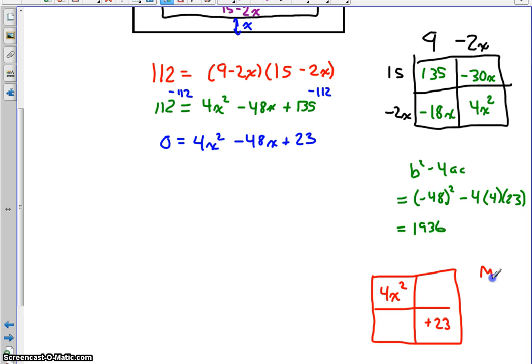So I need two numbers that multiply to 23 times 4, which is 92. So two numbers that multiply to 92, but add to negative 48. Okay, after a little bit of work, I'm going to find those two numbers to be negative 46 and negative 2.